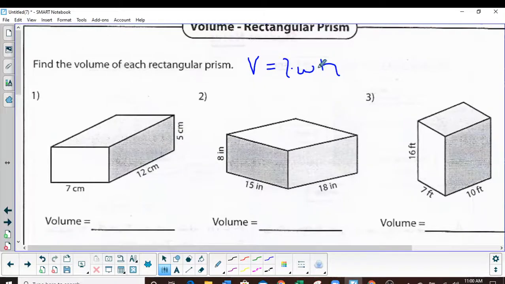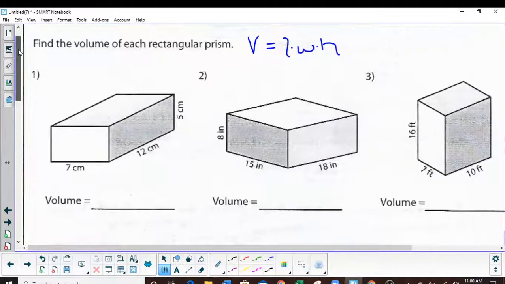It's just multiplying. And so, to be honest, if you get these mixed up, it will not matter a bit. You could just choose the first number you see, multiply it by the second one, multiply it by the third, okay? Don't worry about which one's the length, which one's the width, which one's the height.